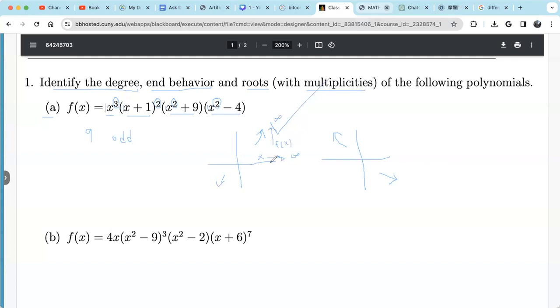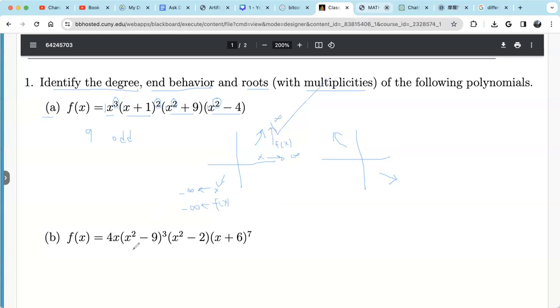So in words, we read that when x approaches infinity, f of x also approaches infinity. So this arrow means when x goes to negative infinity, and the function value also goes to negative infinity. You can put an arrow on this side or on the other side, it doesn't matter.